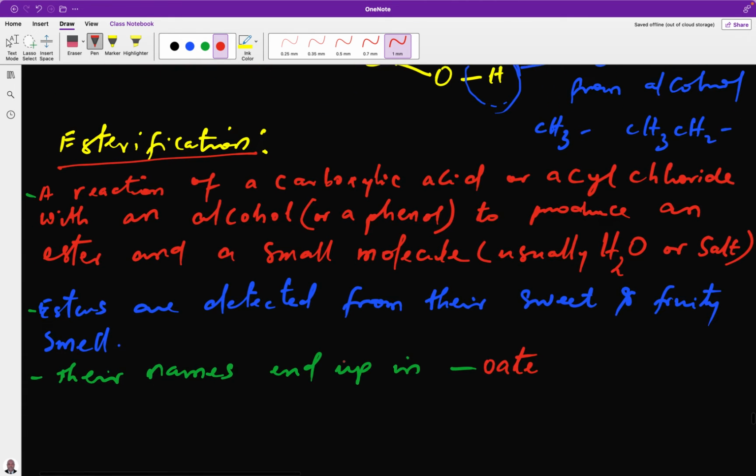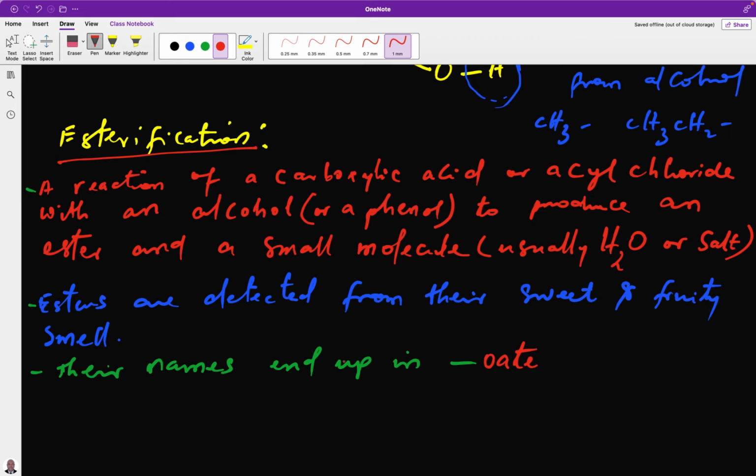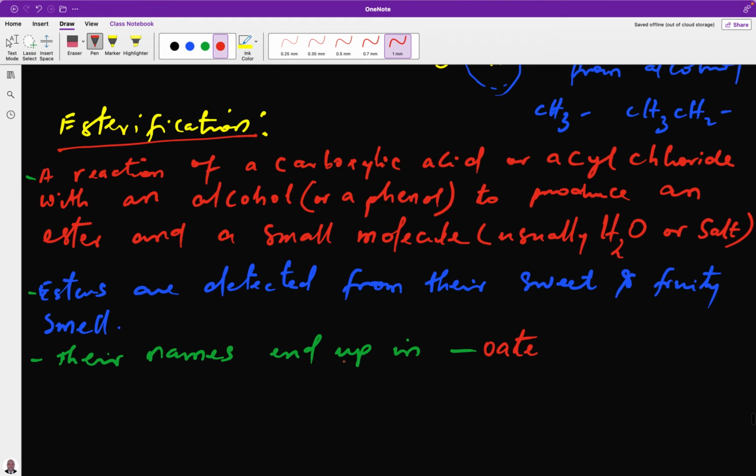And I went further to say esters are detected from their sweet and fruity smell, and their names usually end in oate.